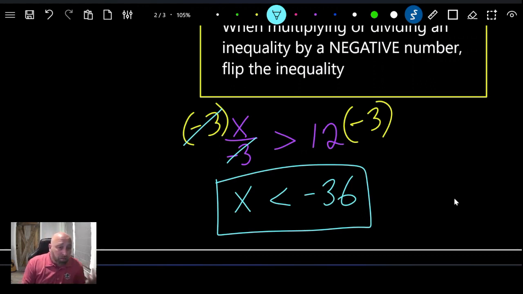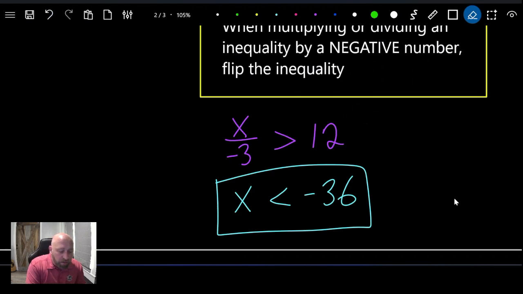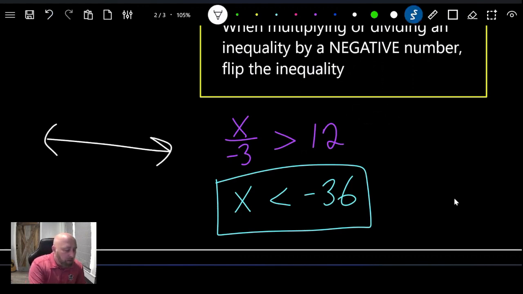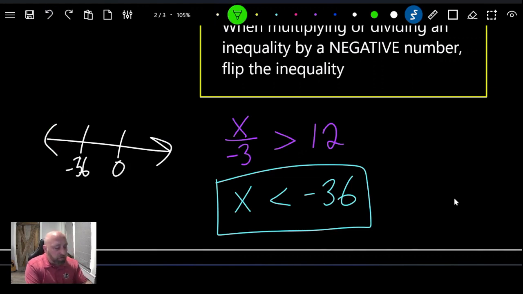Now, you might not totally believe me here, but this actually works. If we go back up here to where we started from, and we try to figure out, okay, so is this actually true? So if you take your number line, and we're going to call this 0, and we'll call this negative 36. I'm just making up stuff, right? So let's try a number that's over here, okay? Because remember, it's less than.